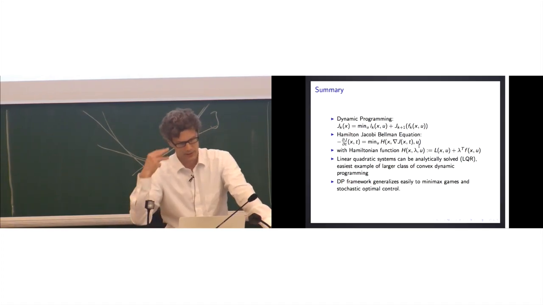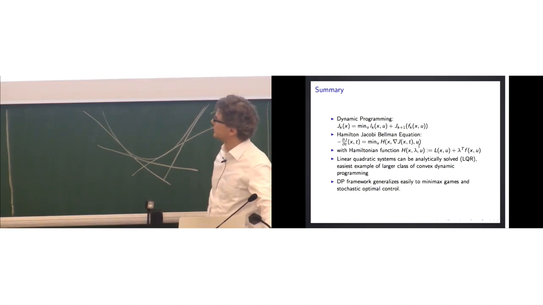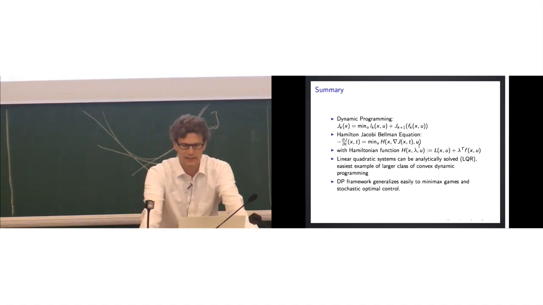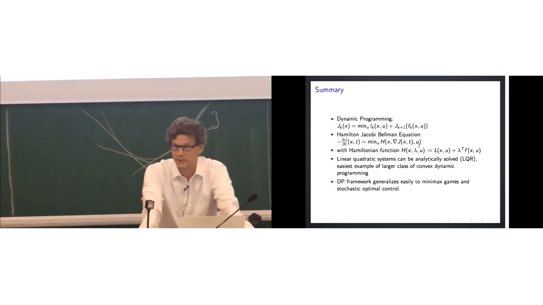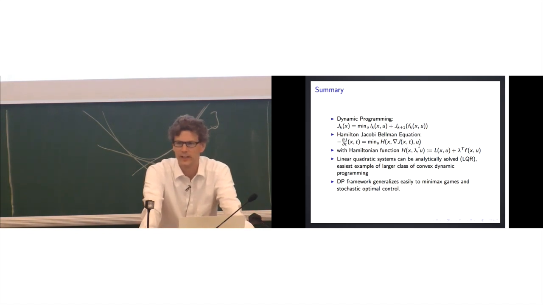And of course, keep in mind linear quadratic systems can be solved analytically. In some sense, and this is maybe interesting here, it's the easiest example of the larger class of convex dynamic programming. So if you want to generalize LQR, one way would be to generalize it by doing convex dynamic programming.